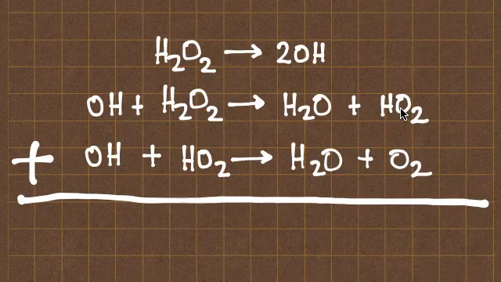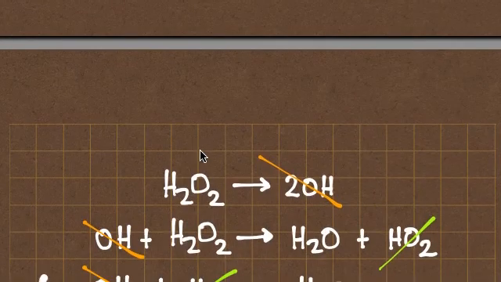In a way, this is similar to a process we went through when we played with Hess's law, but we don't have any heats here, any enthalpies. Oh, I see something. These OHs and those OHs. Anything else? Oh, here's an HO2 and an HO2. Those will cancel.